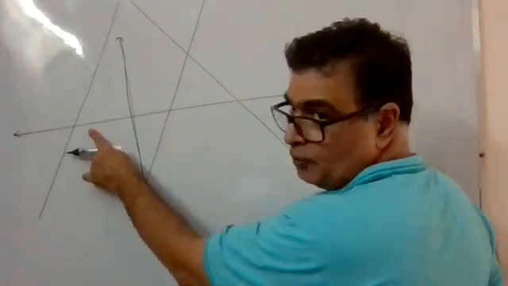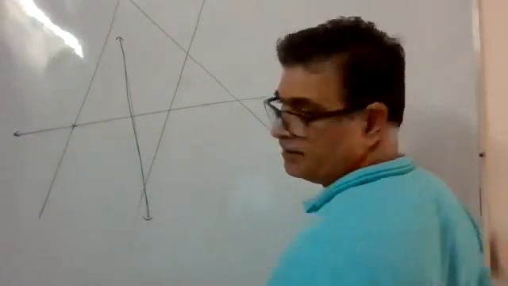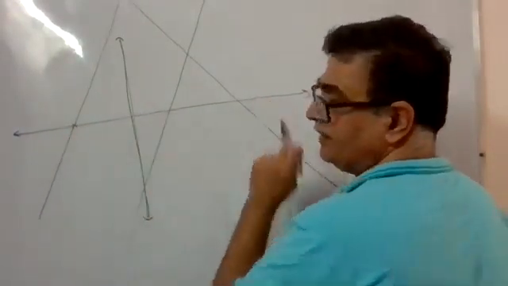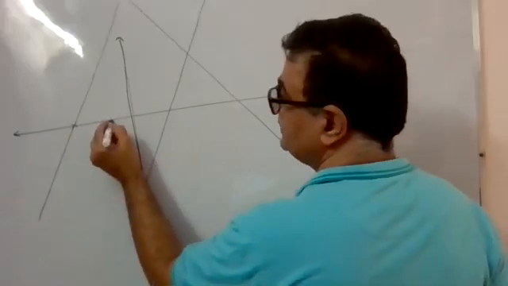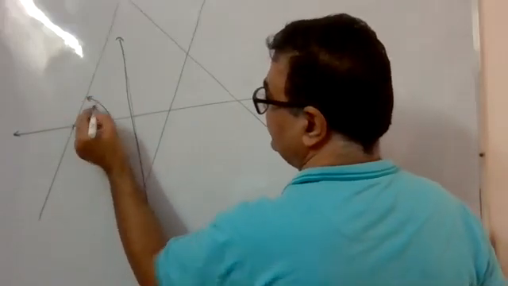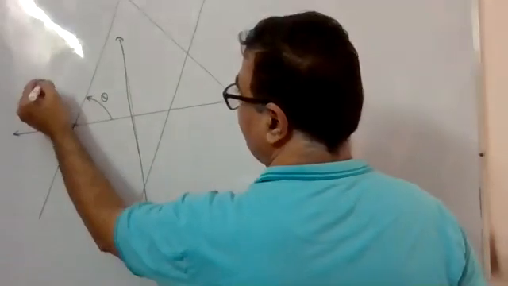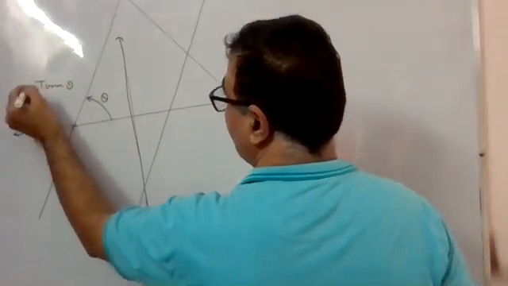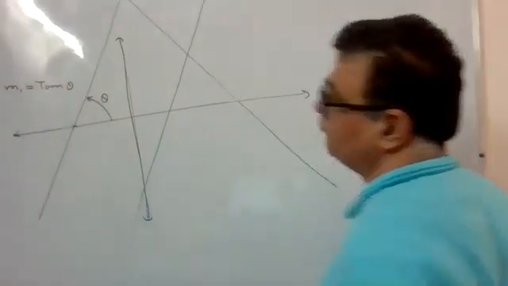If you want to take the slope of this line, then this is the point. It is the positive x-axis we call. From here you have to take this angle, then this angle is theta, take its tan theta, and that is your slope. Let it be denoted by m1, first line slope.